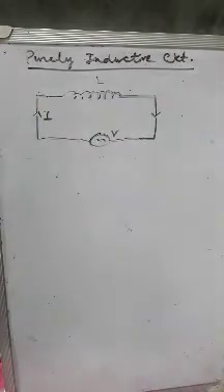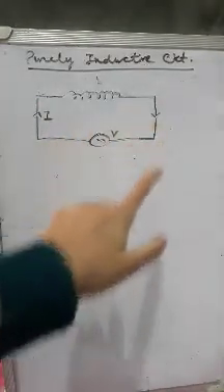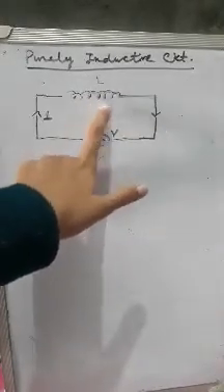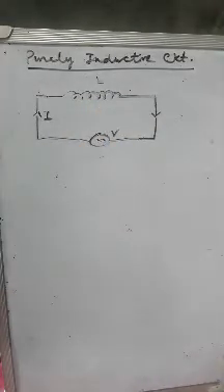So this is where the current is flowing. You have the voltage source here and your inductor is this part. It is denoted by the letter L, big L.